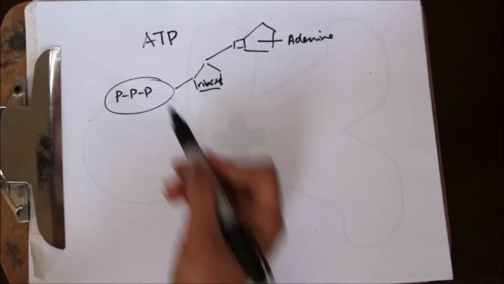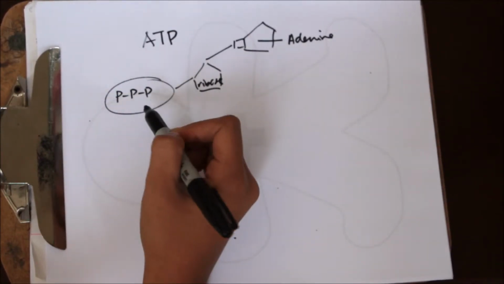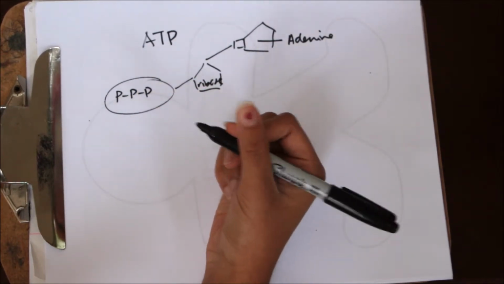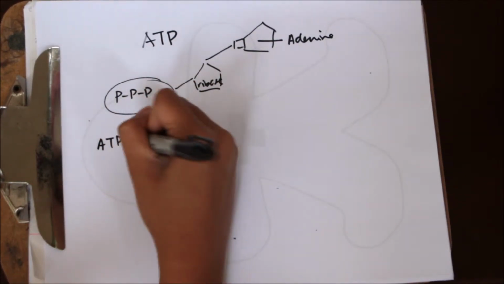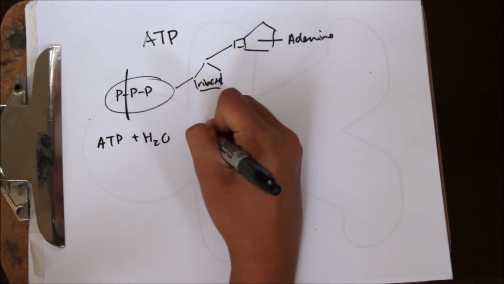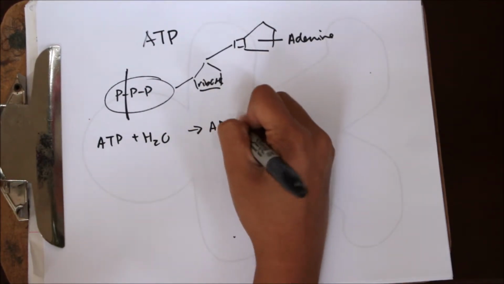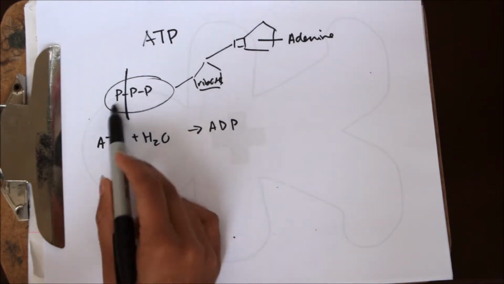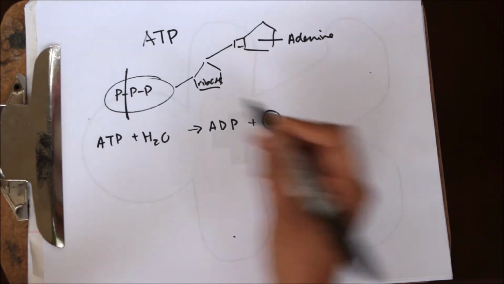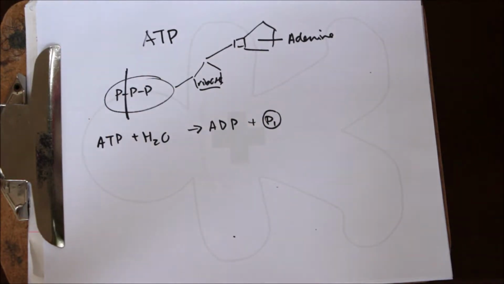The bonds in these phosphate groups at the tail can be broken with hydrolysis, which is just the addition of water. So if you have ATP and you add water to it, it breaks this bond here, and the result is ADP. Instead of triphosphate, 3, you have diphosphate, which is 2, plus the phosphate that you just removed.